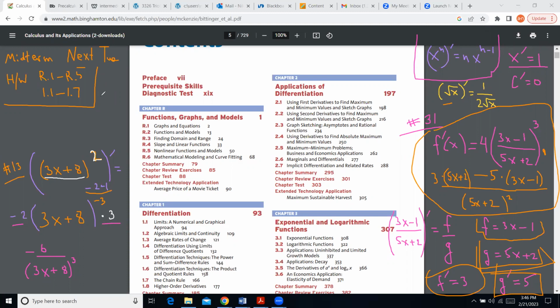I haven't updated this grade for some time because I'm waiting for next week. And of course, I will put your midterm grade on Canvas as well. So you will see what you got on the midterm, and we'll be able to discuss it after.